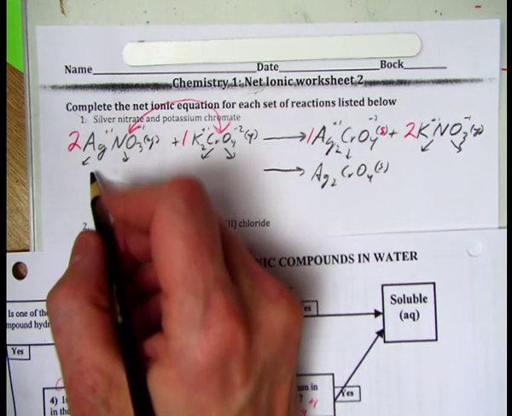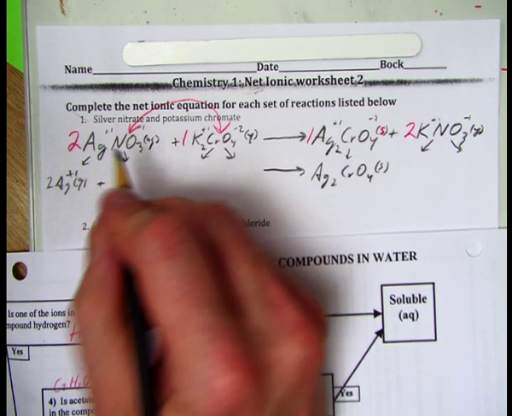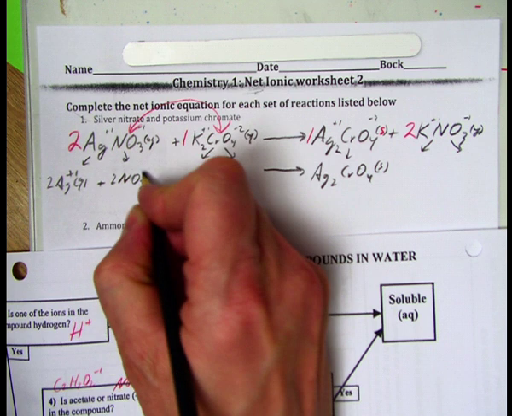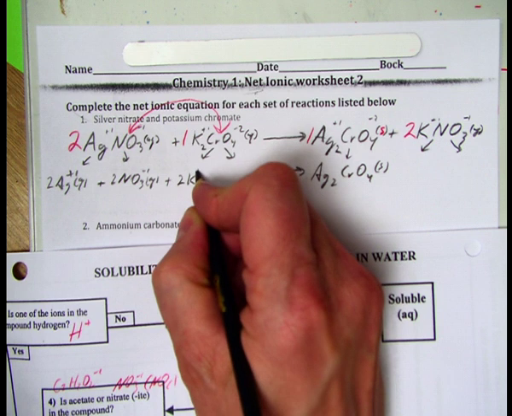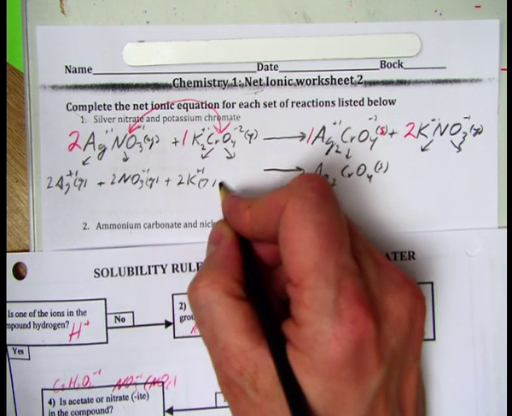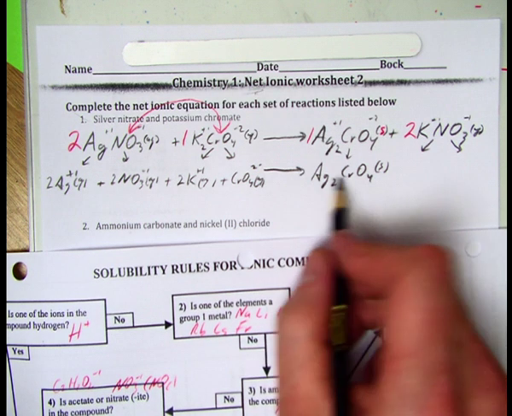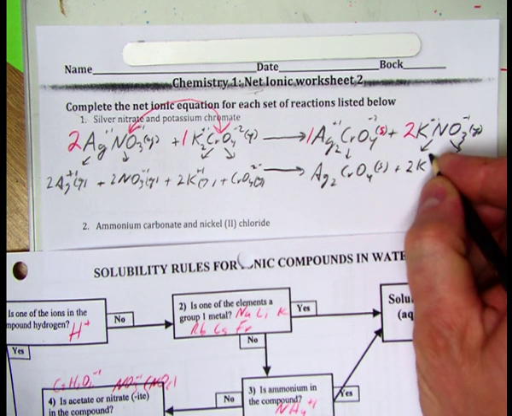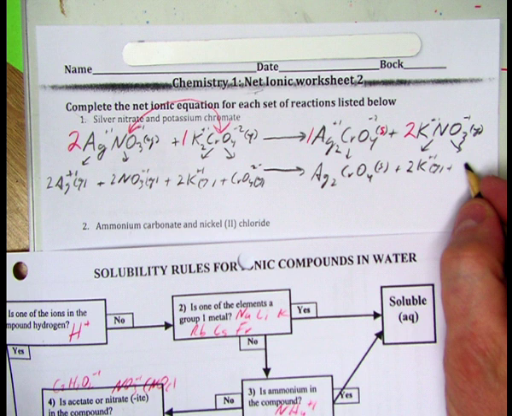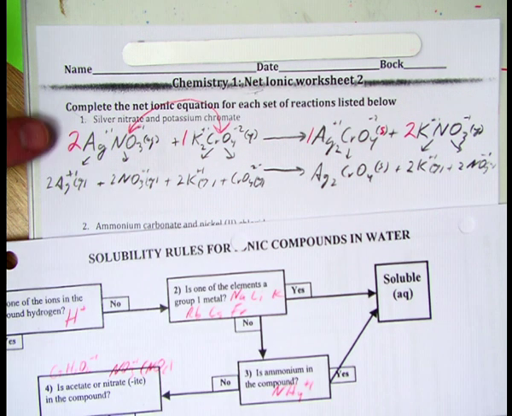So we have 2 silver +1 aqueous ions, plus 2 nitrates -1 aqueous, plus 2 potassium ions aqueous, plus a single chromate, which produces our solid, our changed thing, and then this aqueous compound gets broken up into 2 K +1 aqueous plus 2 nitrate -1 aqueous. This is what we've been doing, and we're all pretty decent at this.